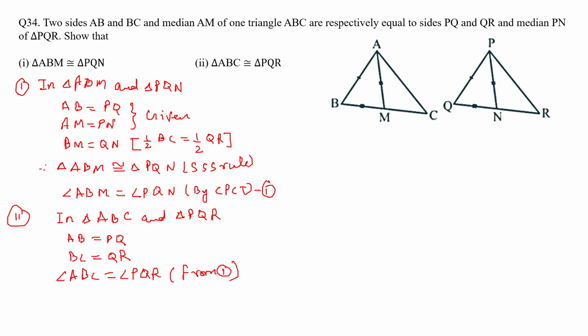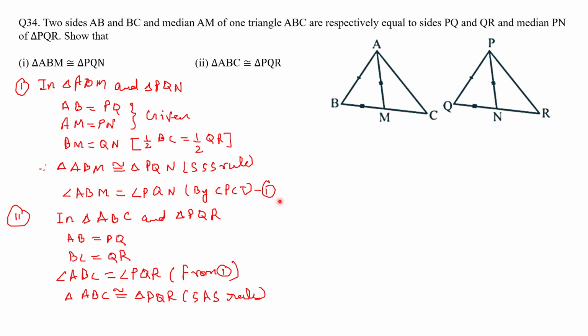Now see, from first I have written ABM, but here I am writing ABC, because ABM and ABC both are talking about the same angle. Now my triangles will be congruent using SAS criteria. So triangle ABC is congruent to triangle PQR using SAS rule. So both the congruencies are done here.